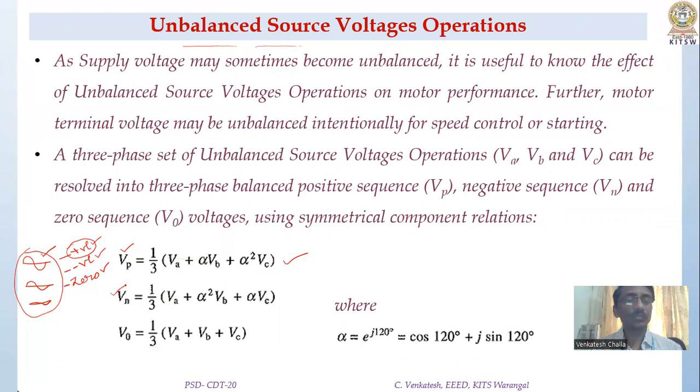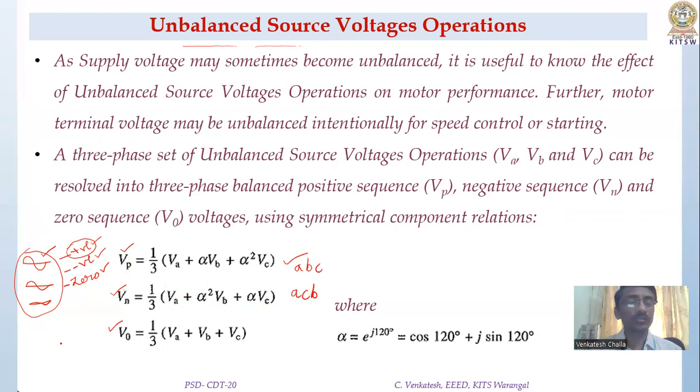Similarly, for the negative sequence voltage, the phase sequence is ACB, whereas the positive sequence is ABC. So the negative sequence voltage is given by 1 by 3 into Va plus alpha square Vb plus alpha Vc. This gives the RMS values of the positive and negative sequence voltages.